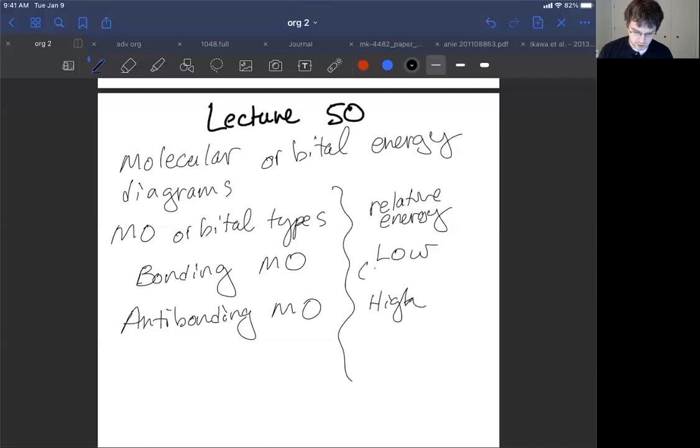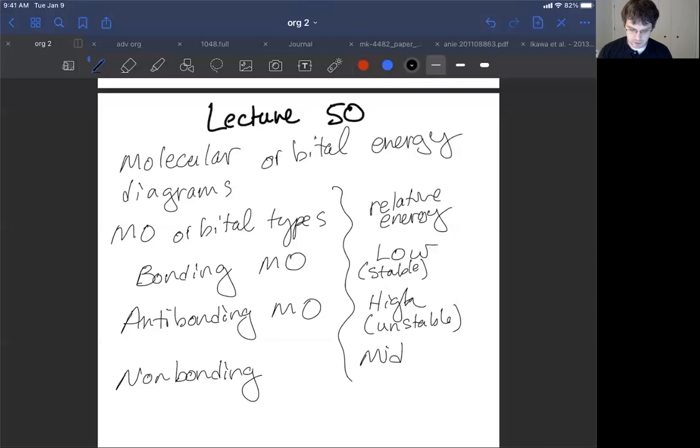Another way of thinking about it is that the low energy bonding molecular orbitals are stable, whereas the anti-bonding molecular orbitals are unstable. Now, with that in mind, we can consider the non-bonding molecular orbitals as having zero energy, or mid-level energy, really overall zero. And they define the zero points on our graphs.